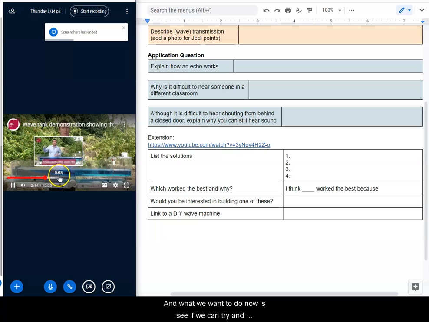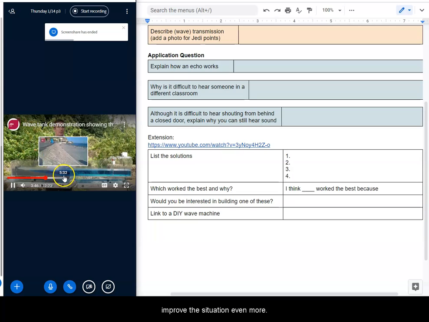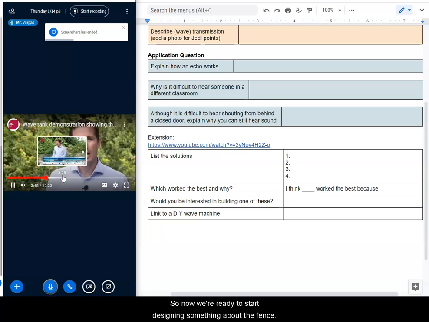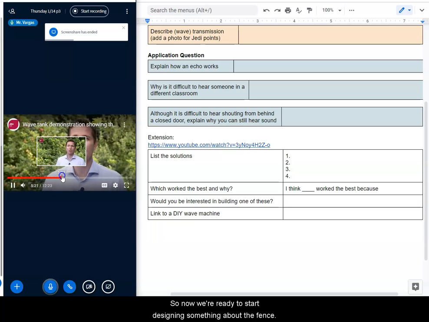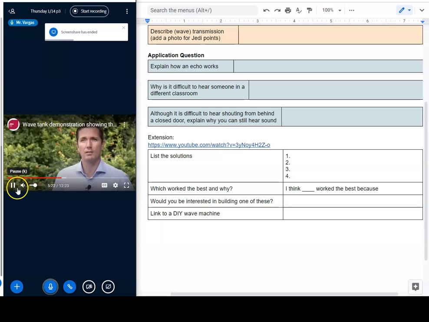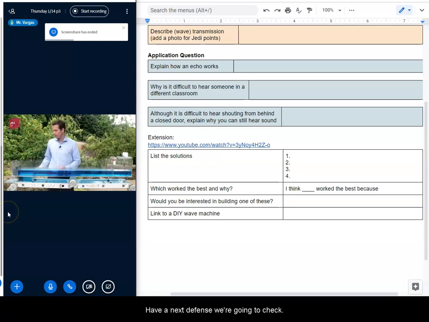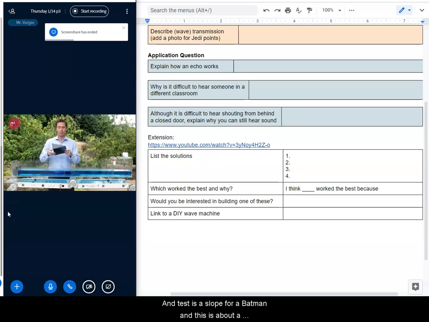And what we want to do now is see if we can try and improve the situation even more. So now we're ready to start designing some of our defences for this situation. Now the next defence we're going to check and test is our sloped revetment.